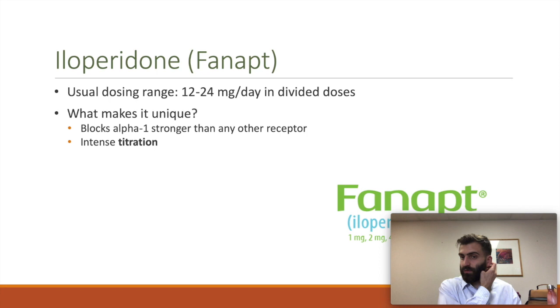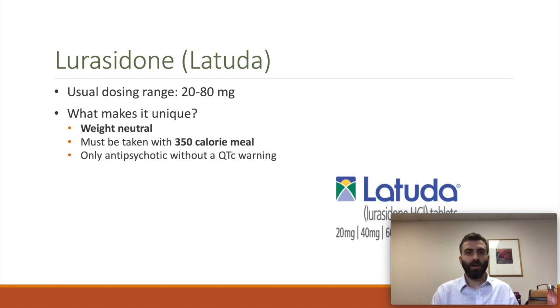So imagine treating someone with schizophrenia and saying, on day 1 you take 1 milligram twice a day, on day 2 you take 2 milligrams twice a day, on day 3 you take 4 milligrams twice a day, and then up and up and up, and it keeps titrating like that. So it can be a little intense for patients and providers to manage, so it's not commonly used.